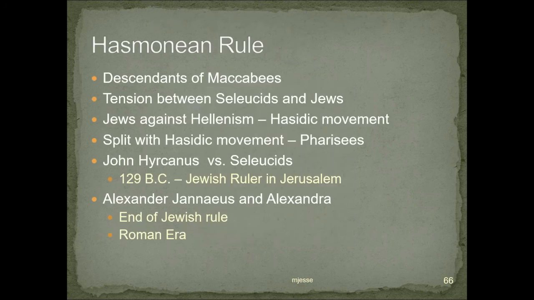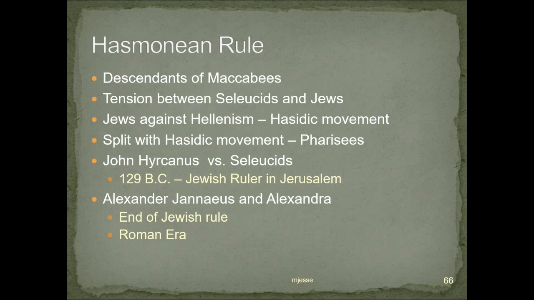The Hasmoneans are the descendants of the Maccabees, and so they're seeking political and religious freedom. So this is a short period of time when Israel is once again an independent nation, and it'll be the last time until the end of World War II that they have this level of freedom.